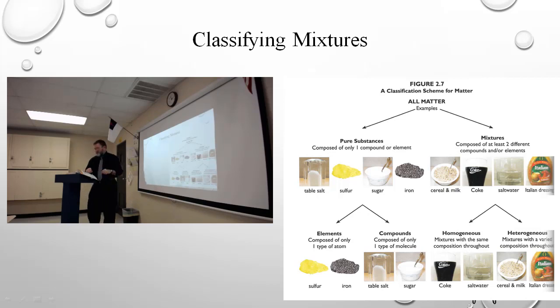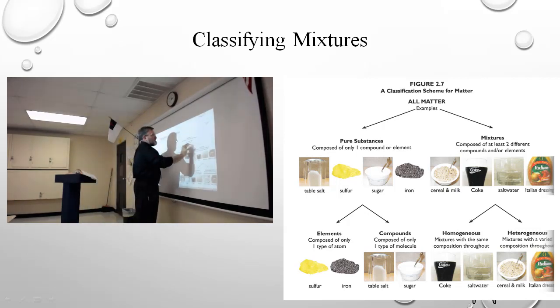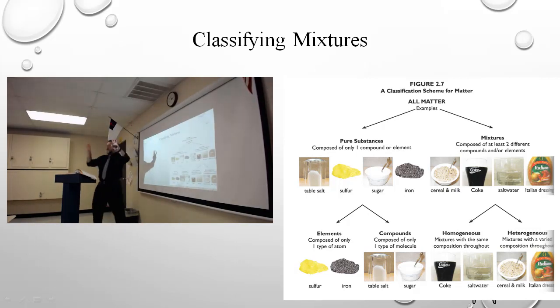And this chart, figure 2.7 in your book, kind of breaks all that down, shows it in a nice graphic that, hey, everything that exists that has matter is either going to be a pure substance or a mixture. Those are the two big broad categories, pure or mix. If it's a pure substance, it's either going to be atoms of a given element or molecules of a given compound.